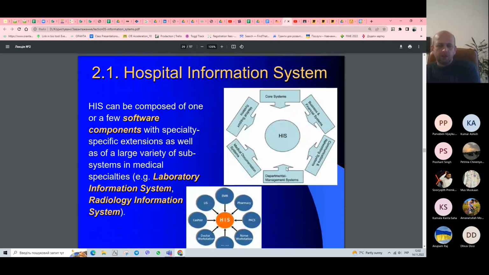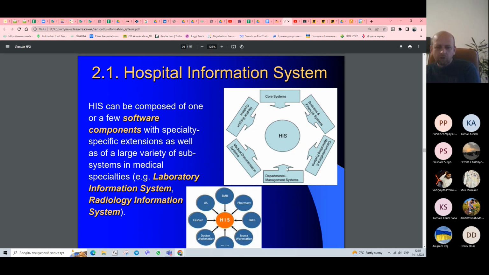A hospital information system can be composed of one or a few software components with specific extensions, as well as of a larger variety of subsystems in medical specialties, such as laboratory information system, radiology information system, like this.